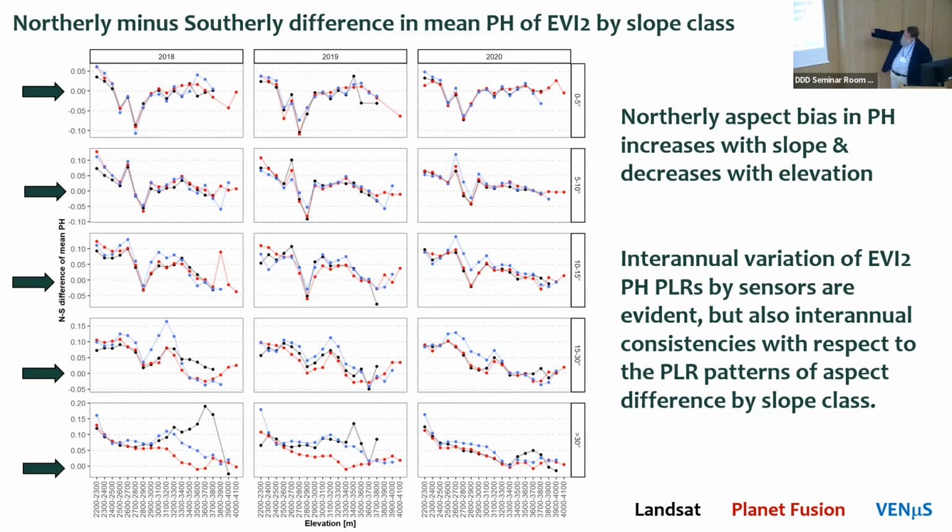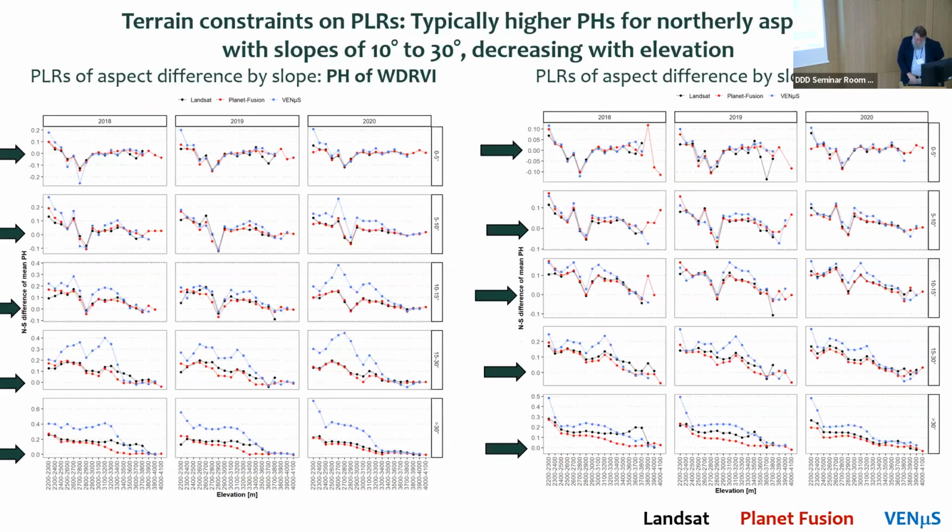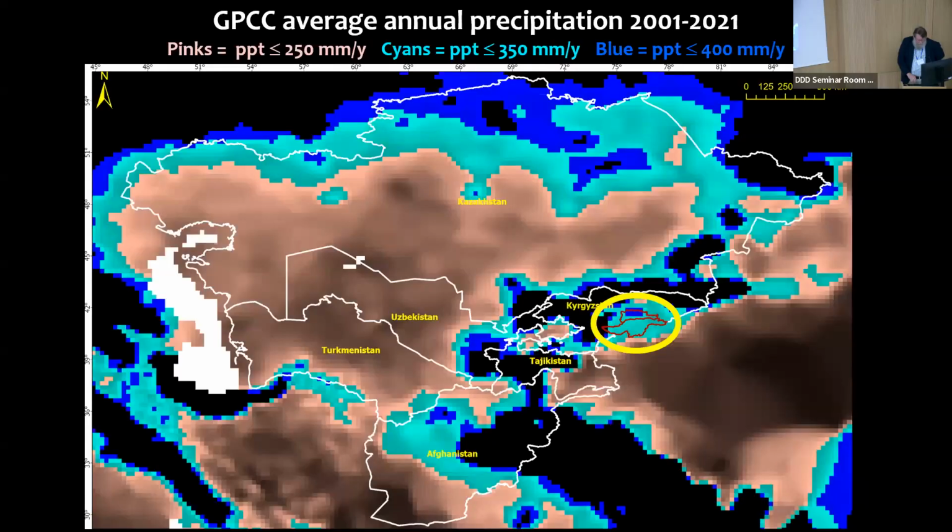You can see that as the slopes are increasing, you're getting an increasingly high bias as a result of aspect. Same kind of thing for the other indices.